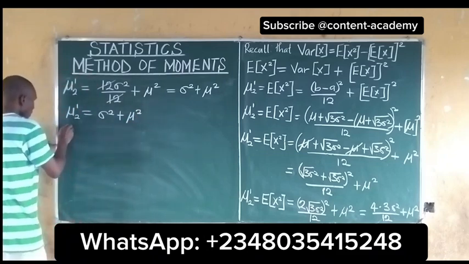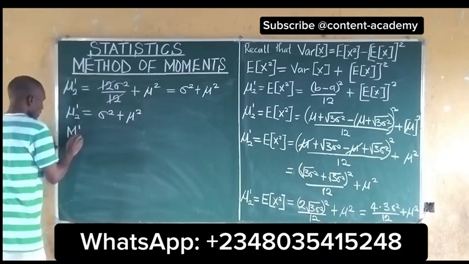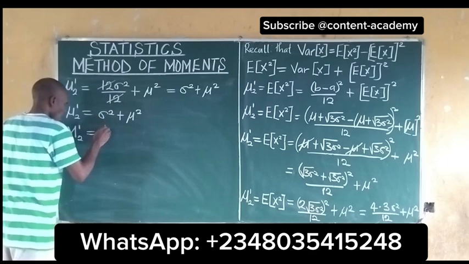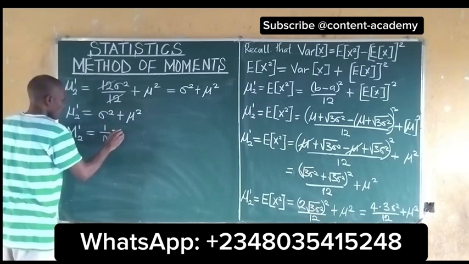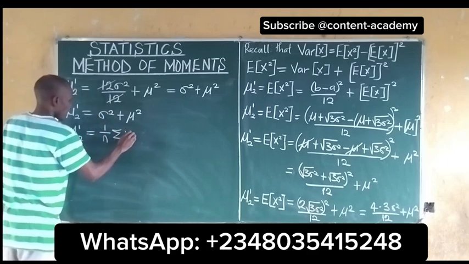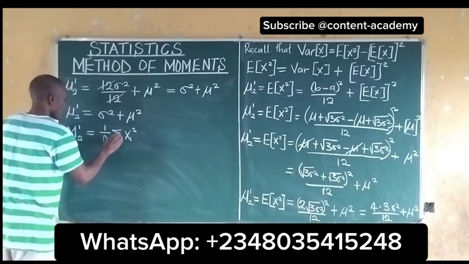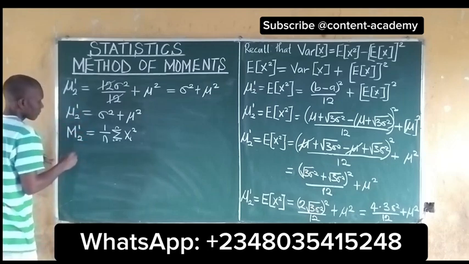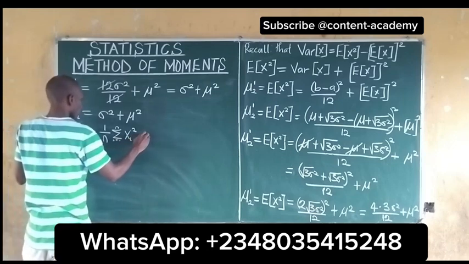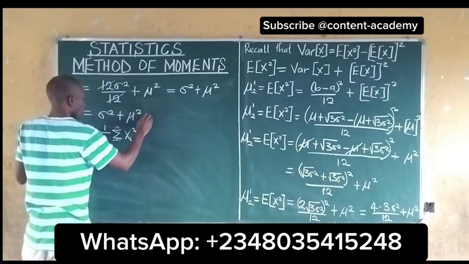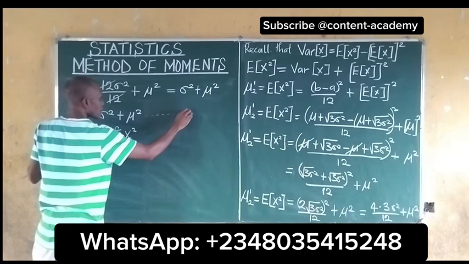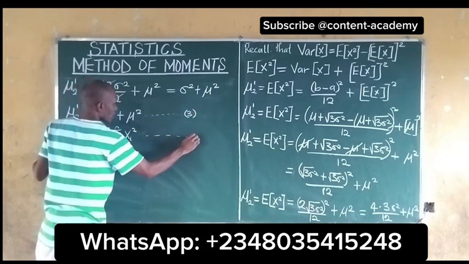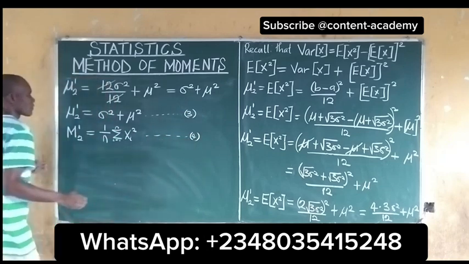Now, what is our sample mean? Our sample mean is 1 all over n summation of xi squared, like we wrote before. So this becomes our, say, equation 3, and this becomes our equation 4.